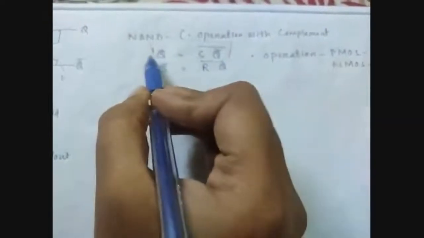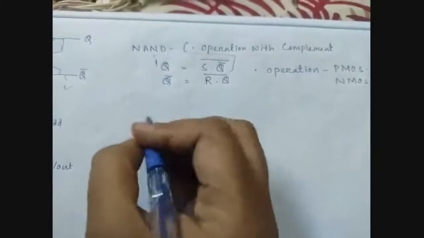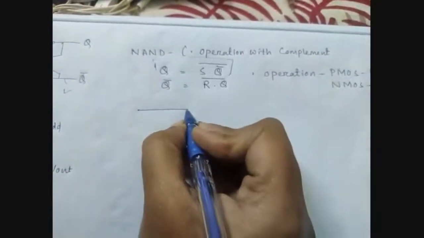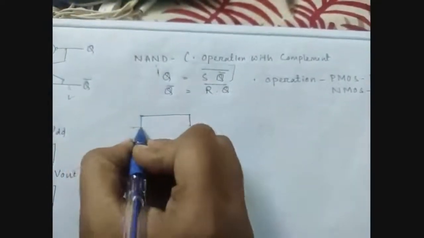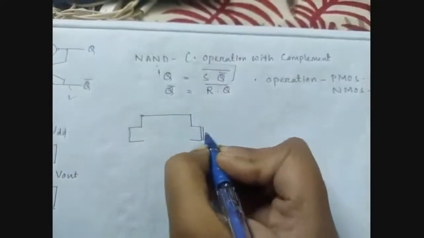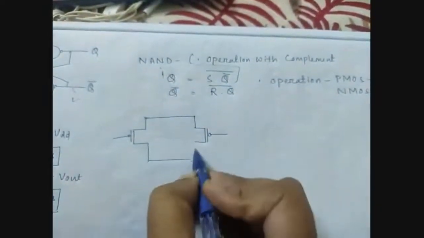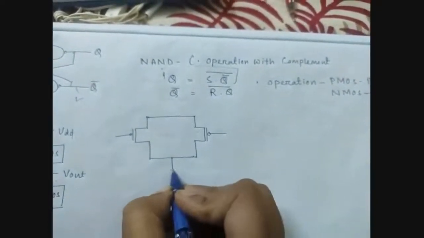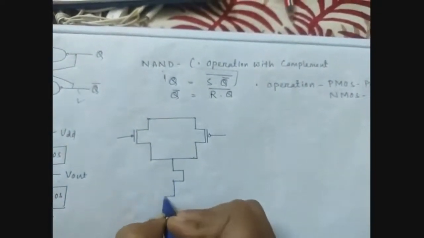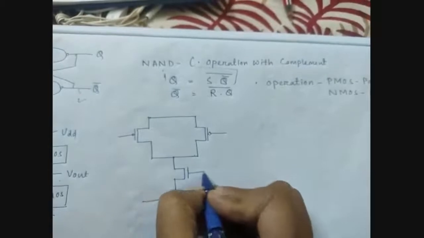The first equation is Q equals S into Q bar, whole complement. Here the dot operation is used. First, in the PMOS part, the transistors are connected in parallel. Then for NMOS, the transistors are connected in series.